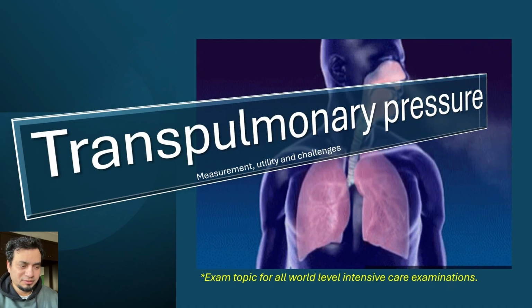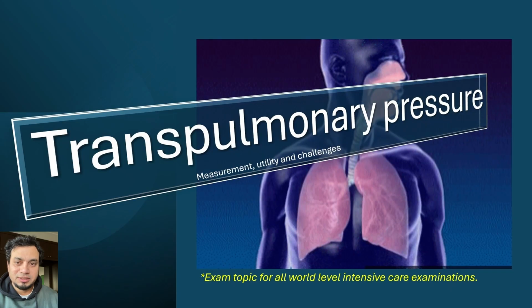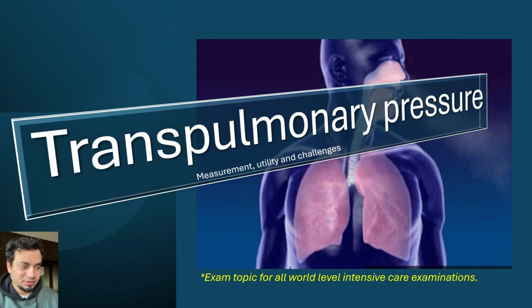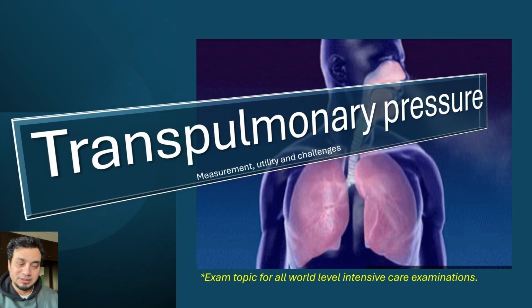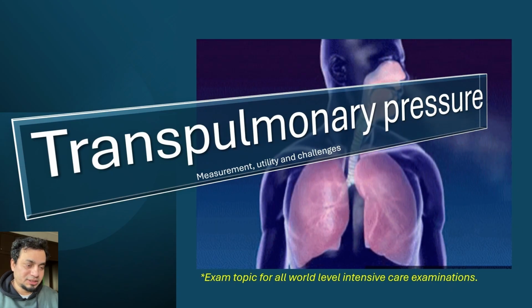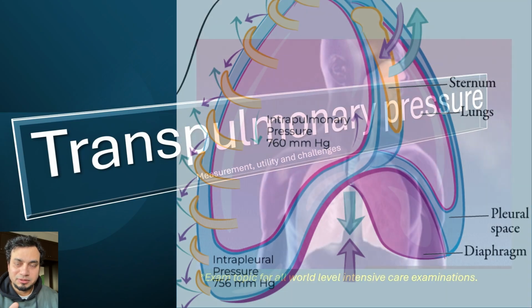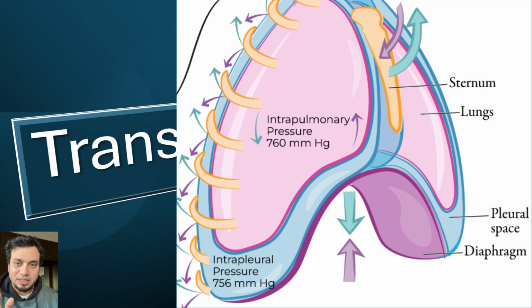In today's session, we will be discussing the transpulmonary pressure, which is a critically important pressure, an essential topic for exams. TPP is a vital concept in respiratory physiology that represents the pressure differential between the pleural pressure, the pressure inside the pleural cavity, and the alveolar pressure, the pressure inside the tiny alveoli.